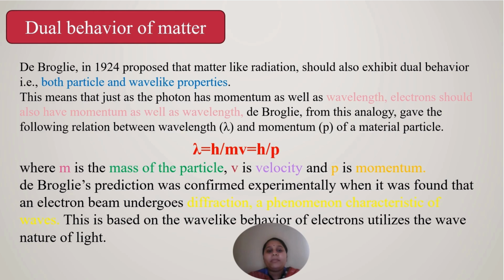De Broglie predicted experimentally that if an electron beam undergoes diffraction, which is a characteristic of a wave, this diffraction phenomenon utilizes the wave nature of light.